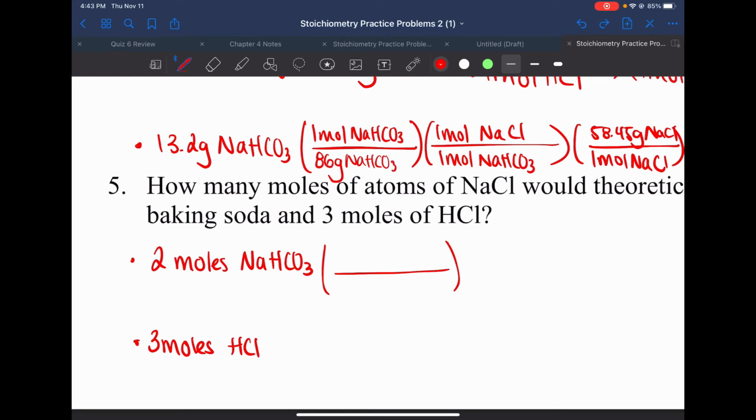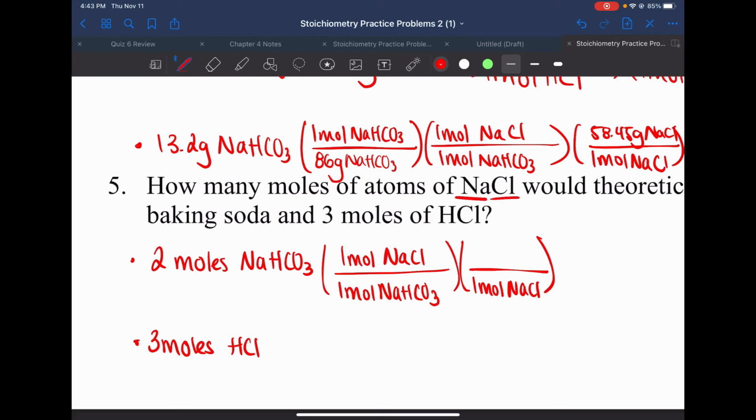For every 1 mole of NaHCO3, we produce 1 mole of NaCl. Again, it's a 1-to-1. Our equation is balanced at a 1-to-1 ratio. And then for every 1 mole of NaCl, we form how many moles of atoms? The question is, how many atoms are in NaCl? 2. So 2 moles of atoms.